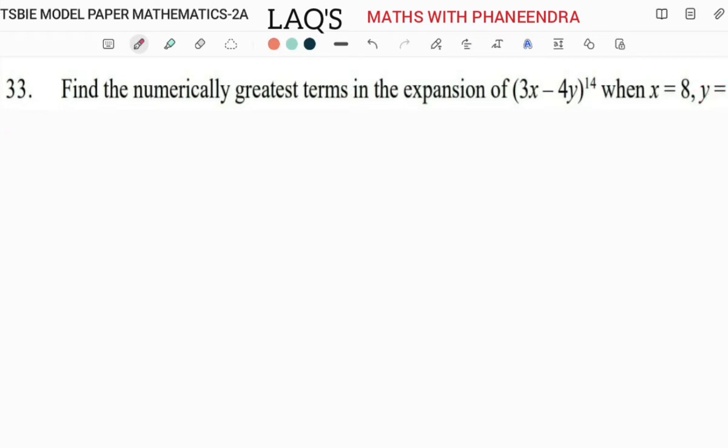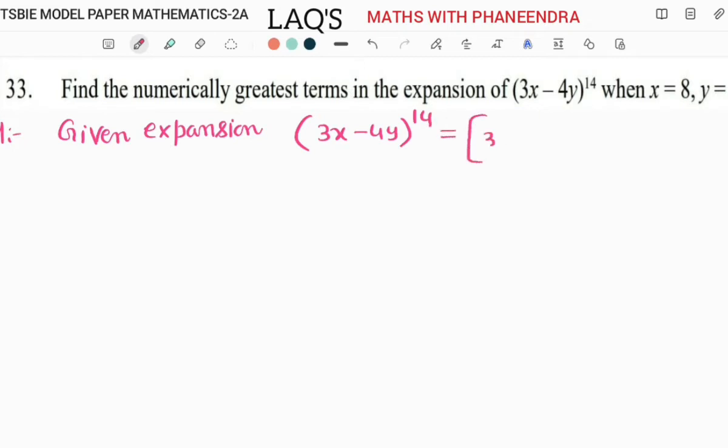So in this solution, question number 33, you have to write the given expansion in terms of (1 minus x) whole power n. So the given expansion is (3x minus 4y) whole power 14.